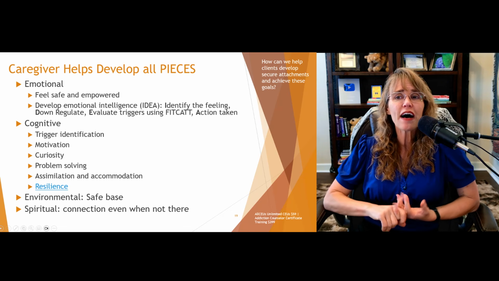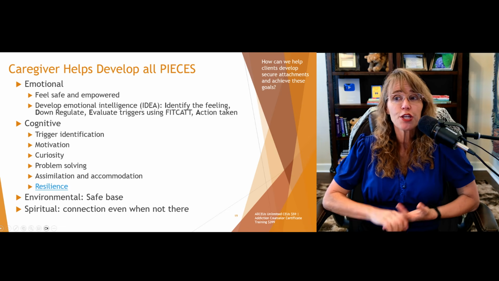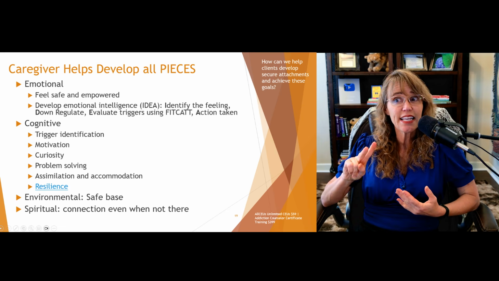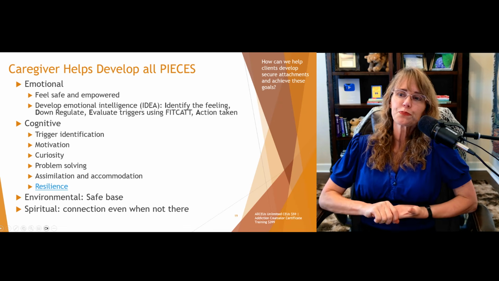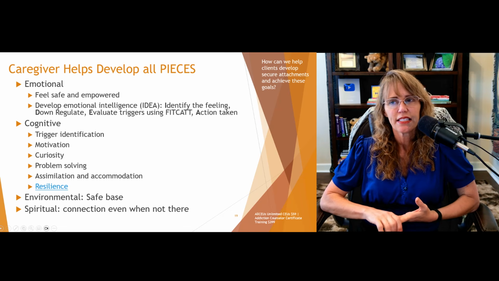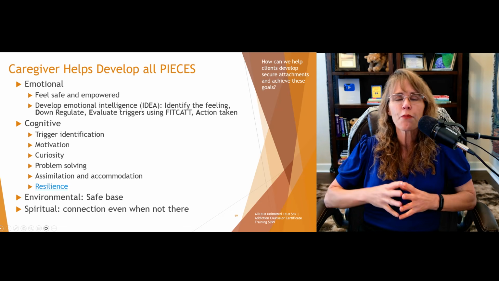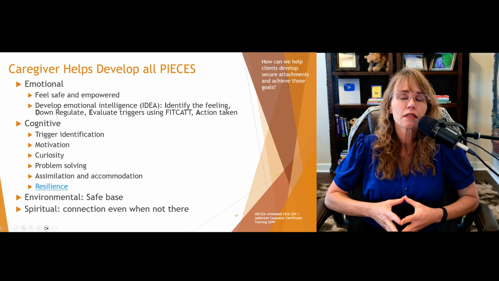They learn how to evaluate the triggers, what's causing their distress, using FITCAT, facts in this context at this time. And then they can decide what action to take. And I know action taken doesn't quite fit, but in order to fit the mnemonic, it's a little clunky.